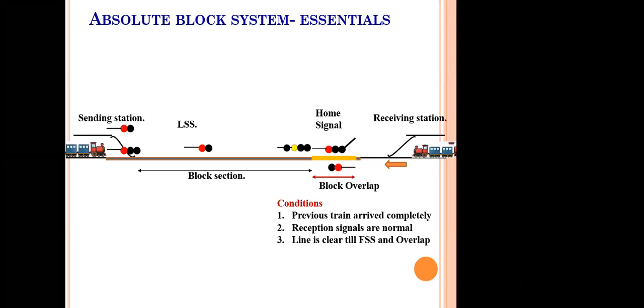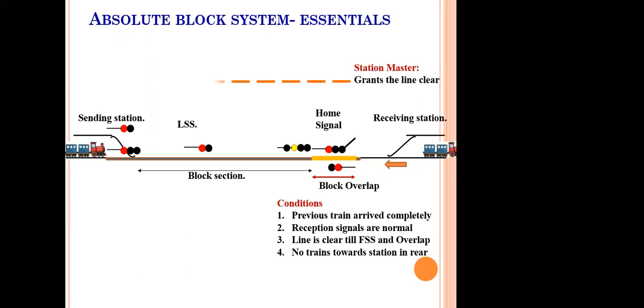Next, no line clear is granted to a train in the opposite direction, and there are no trains towards the sending station. When these four conditions are fulfilled, the station master grants the line clear through the block instrument to the sending station.